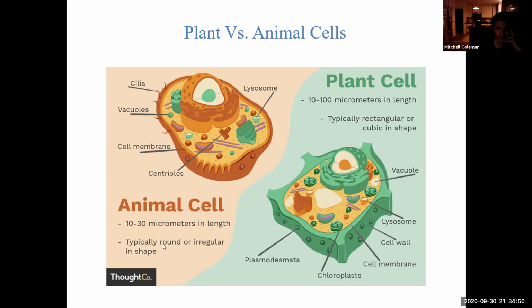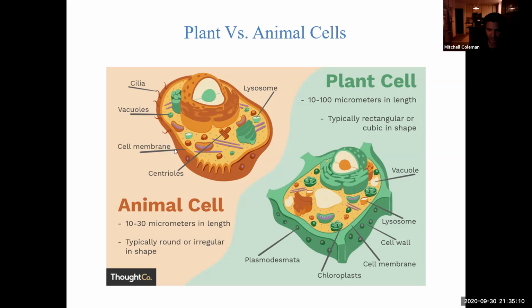Typically, animal cells are round or irregular in shape. Go back to that slide of the endothelial cheek cells back on the nucleus slide. Those are animal cells. They have an amorphous, irregular shape to them. Some of them are rounder.